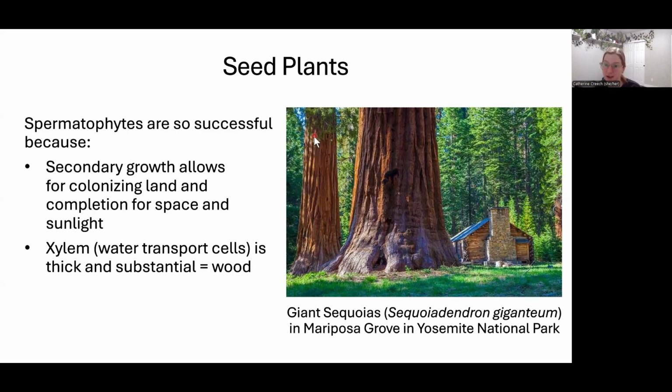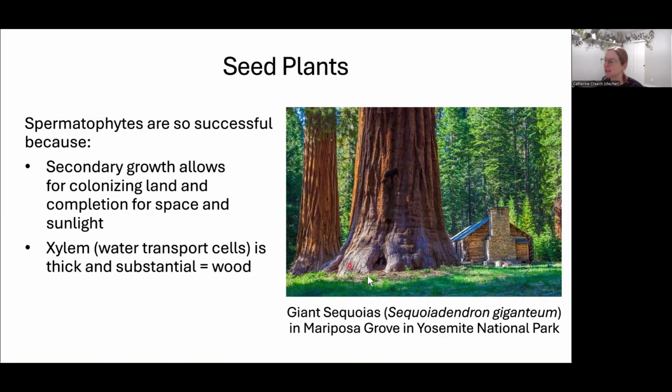They're not down in the shadow of the understory. And that secondary growth means that there's a lot of wood. Wood is a new invention in the plant world. It's really exciting. This wood is called xylem. And xylem is used to transport water from the ground up to the photosynthetic parts of the plant.